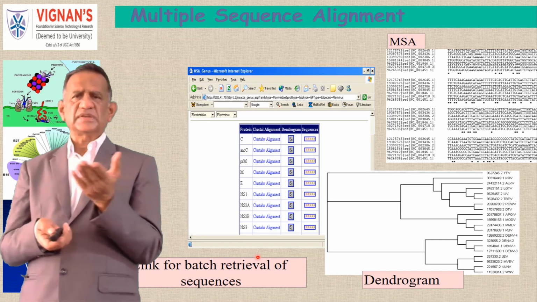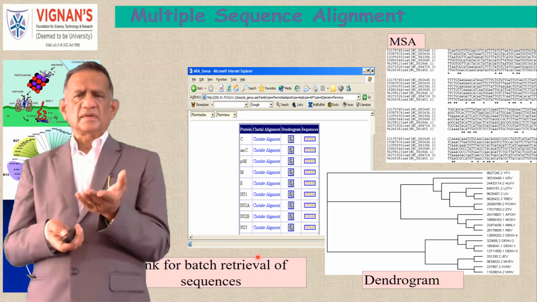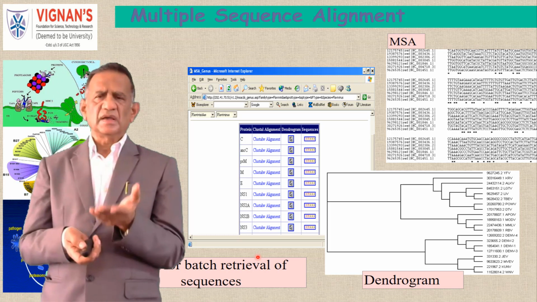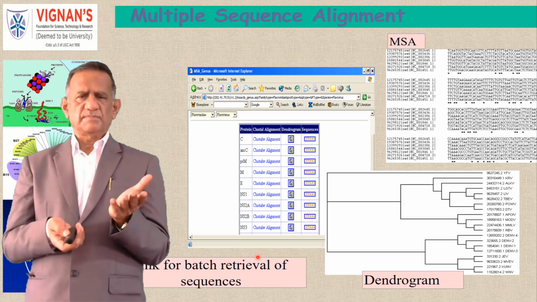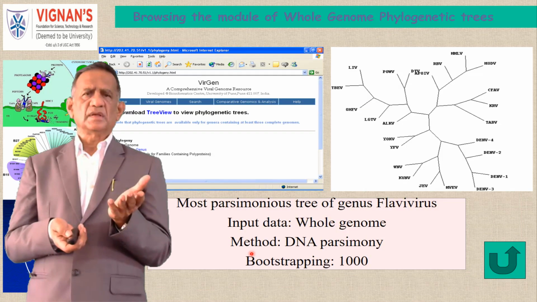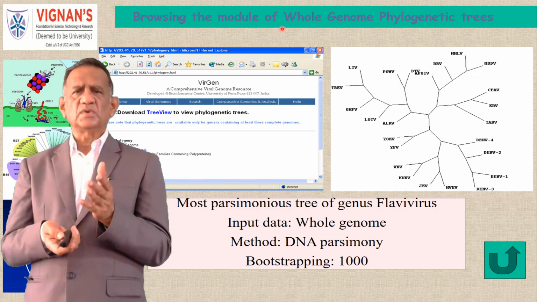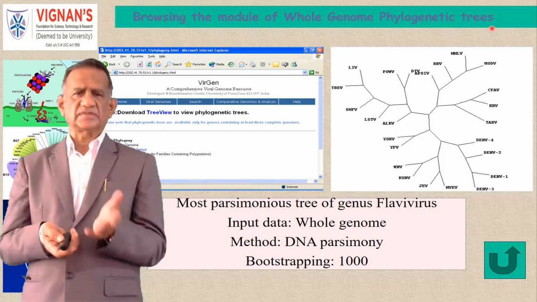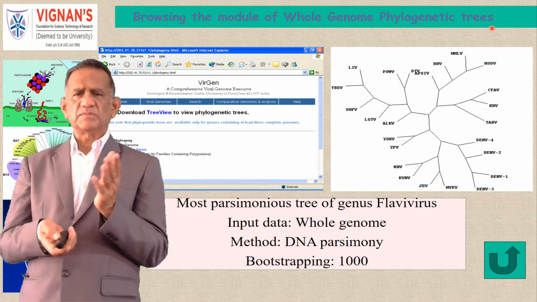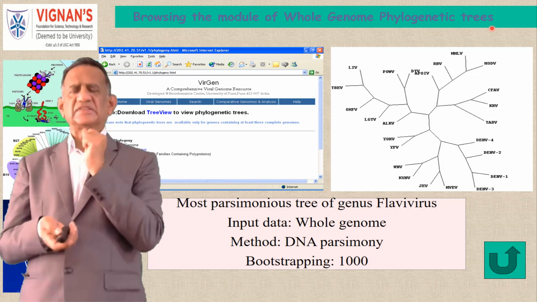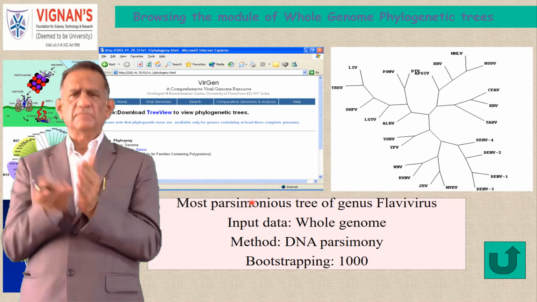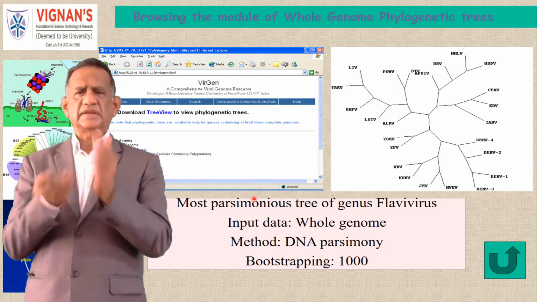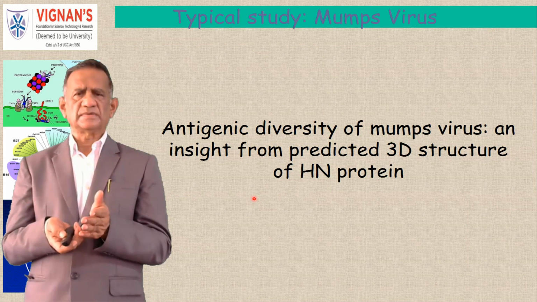Here multiple sequence alignment we have to do, and through that we will know which is the signature sequence with which we will go for the prediction of the epitopes. So it is the browsing module of whole genome phylogenetic trees. This is the most parsimonious tree of genus Flavivirus. Parsimonious means it is very minimal, by which we can determine the Flavivirus.